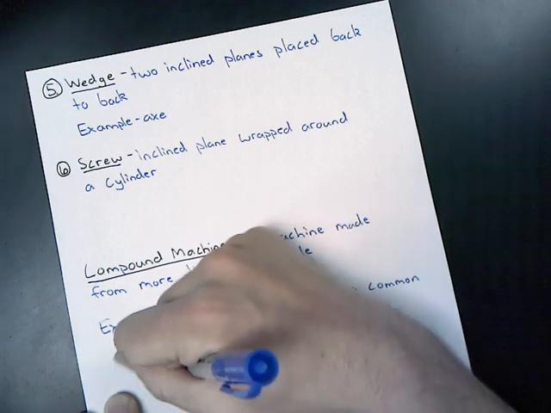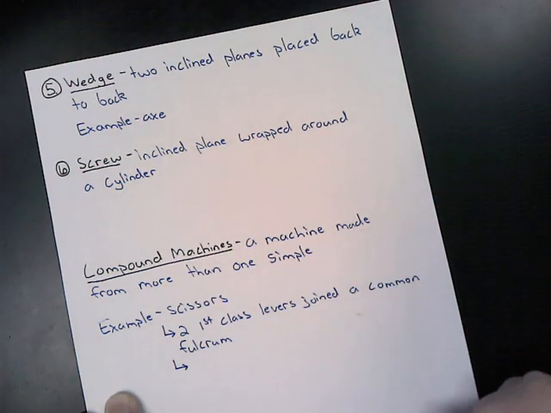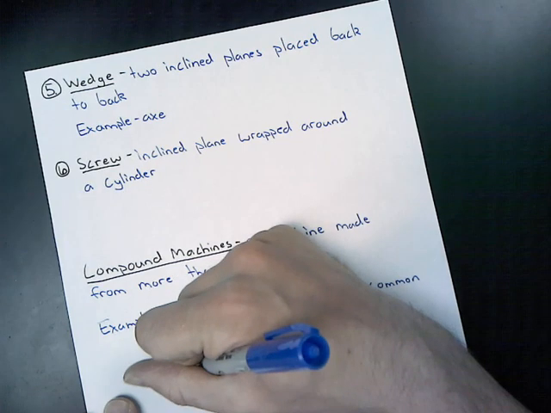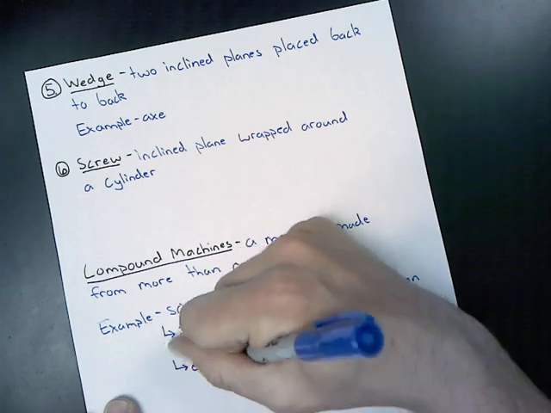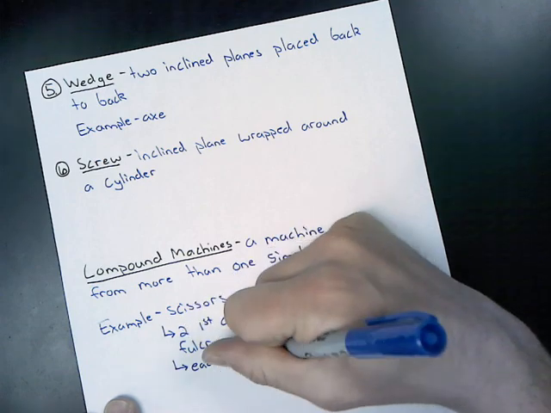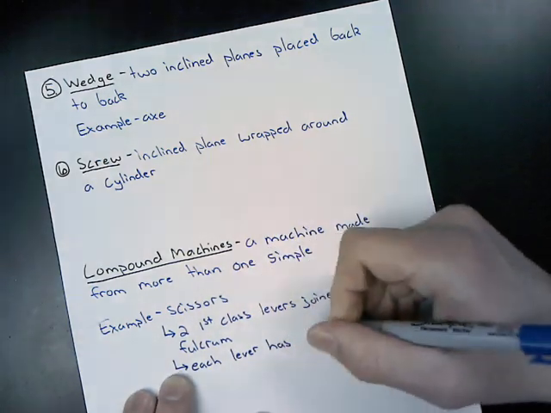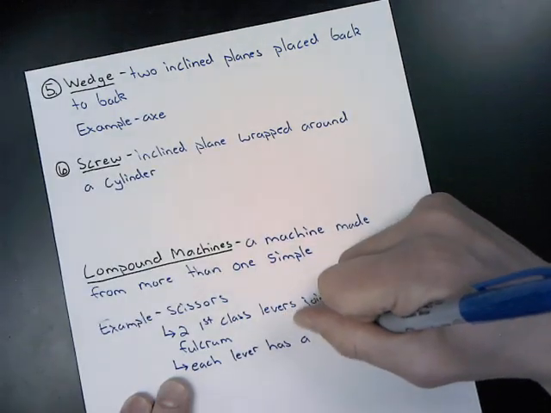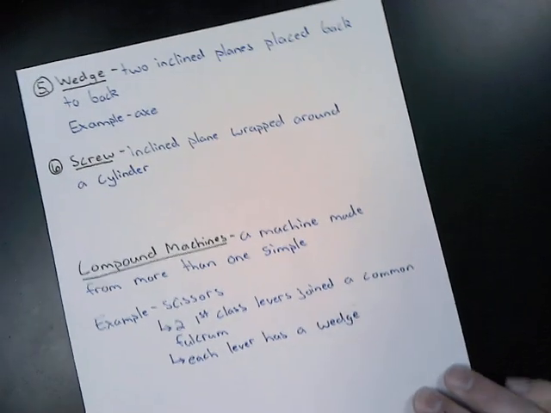And then two, the other type of simple machine here is that each of those levers has a wedge, and that wedge allows us to cut that paper.